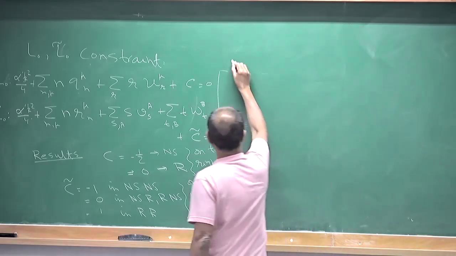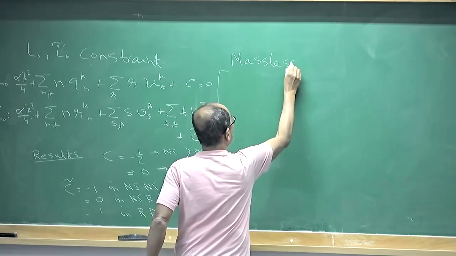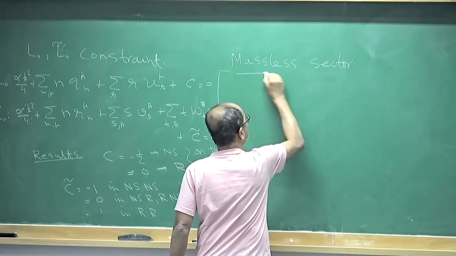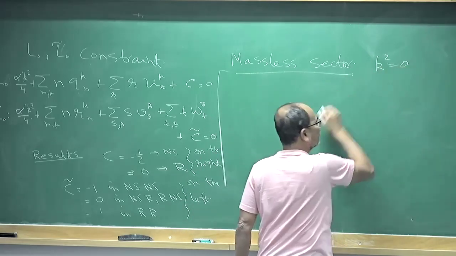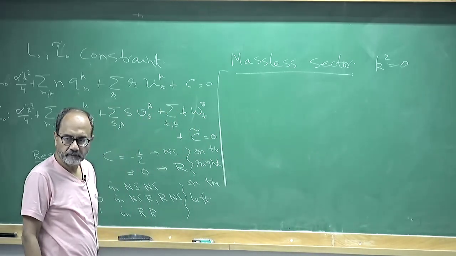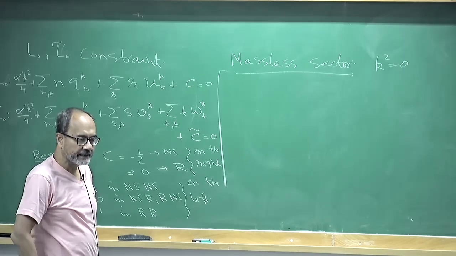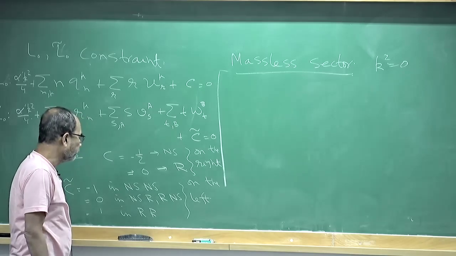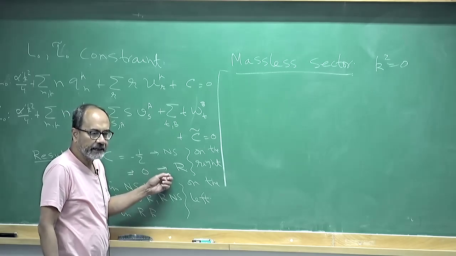Massless sector: this means you have to set k squared equal to c, if you're looking for the massless sector. Okay, there are no tachyons. That proof is the same as earlier, because on the right there are no tachyons.